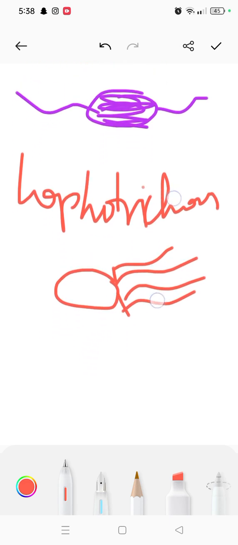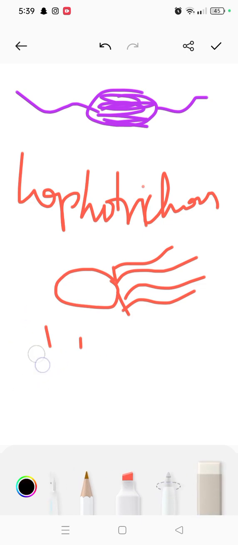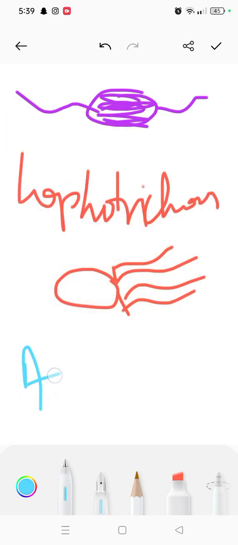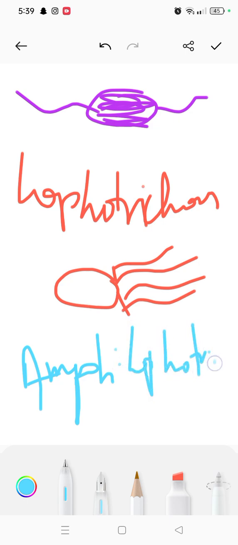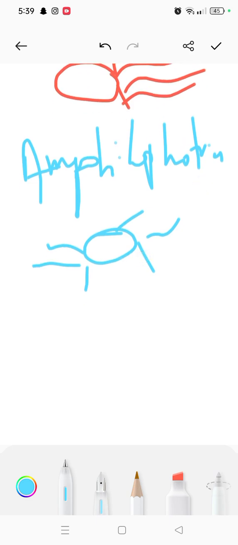Then we have another type which is sometimes confusing. It is called amphitrichous. This has flagella present on both sides, with only a few. In the book it is written as amphitrichous.